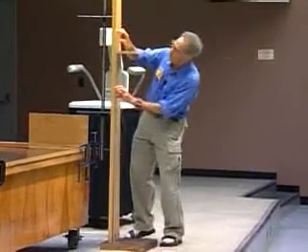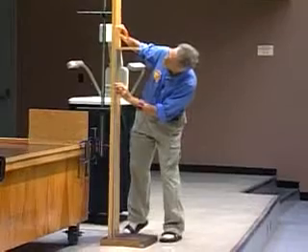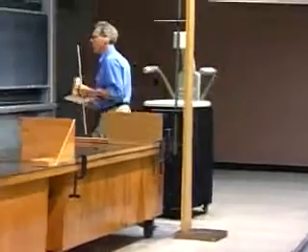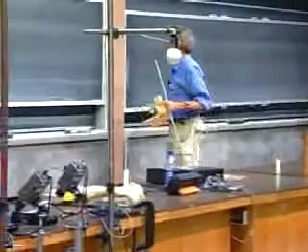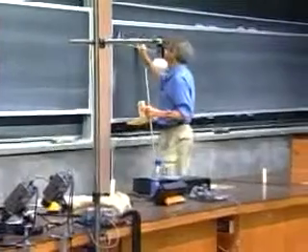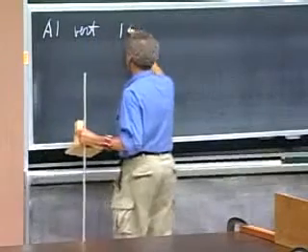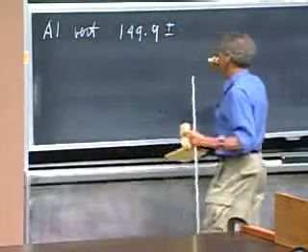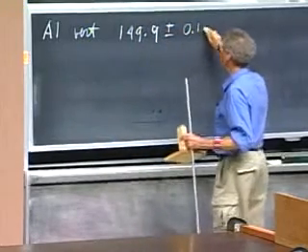So I measure here 149.9 centimeters. This is the aluminum bar in vertical position, 149.9. But I would think that the uncertainty of my measurement is probably 1 millimeter.